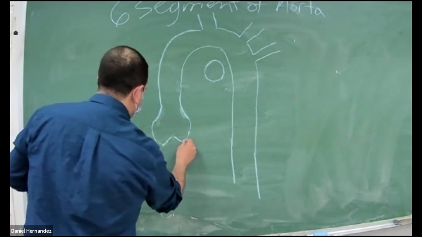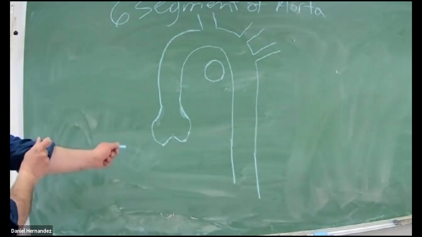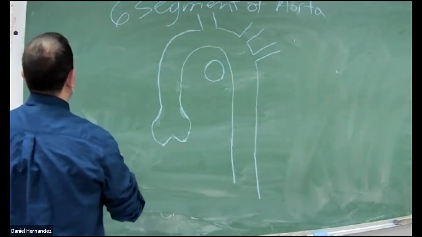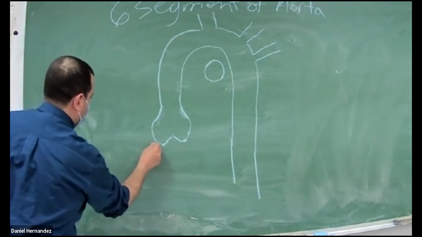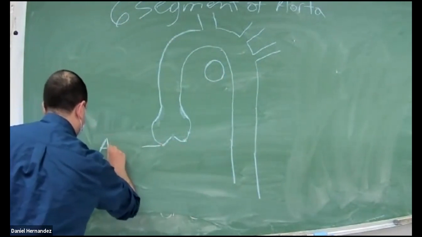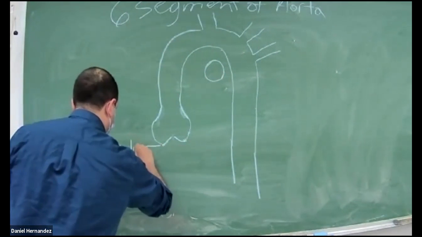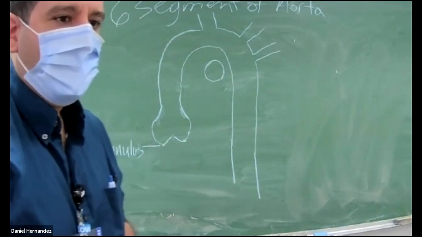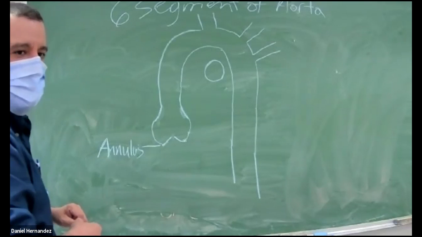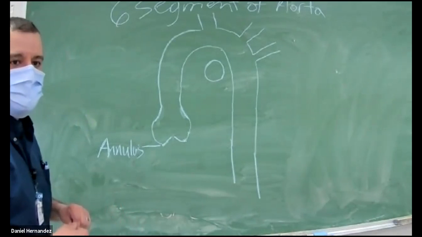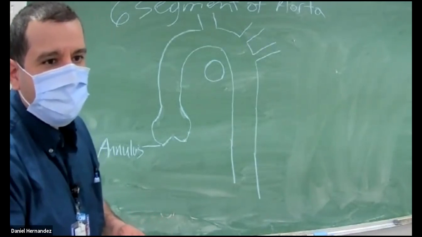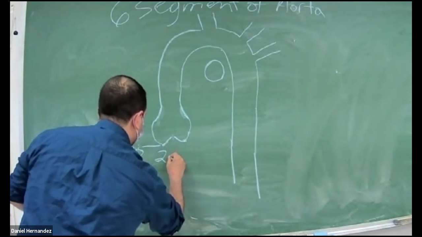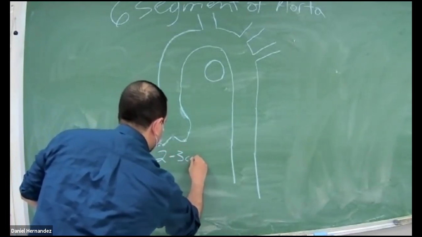Our annulus is the root where it connects to the heart, and it's the anchor for the aortic valve. So the first segment is our annulus, and the normal diameter for the annulus, in centimeters, is 2 to 3 centimeters.